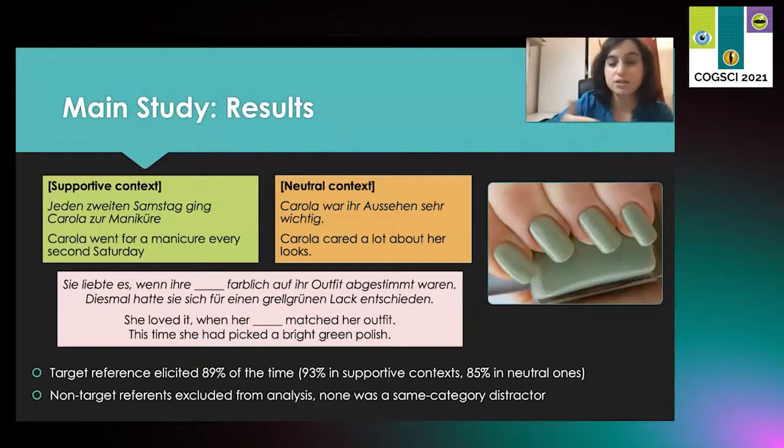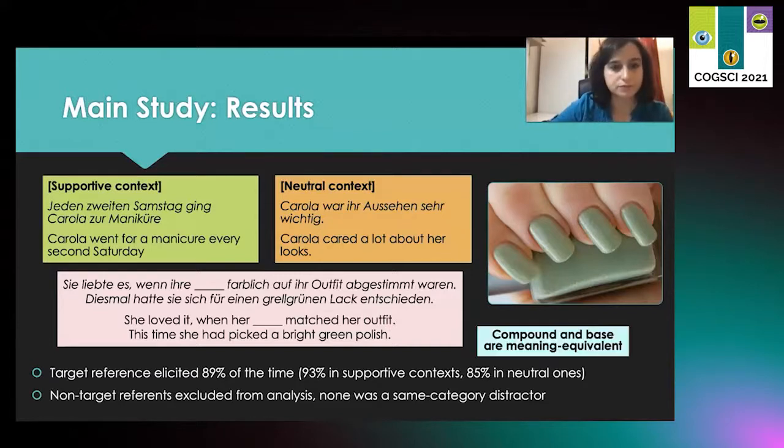Non-target references were excluded from the analysis, so we only looked at these 89% completions. However, of the non-target references that we excluded, none of them was the same category distractor. So once again, we feel pretty confident that the compound and the base are indeed meaning equivalent.